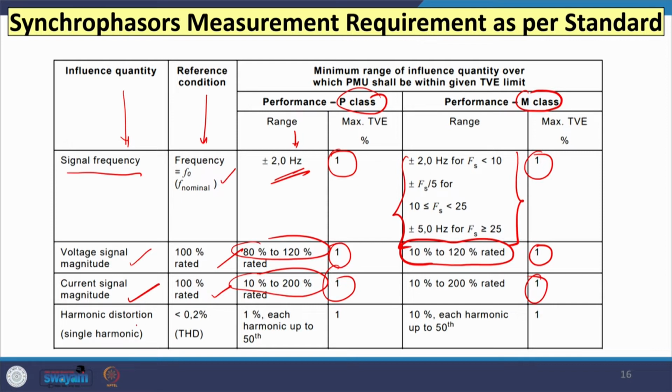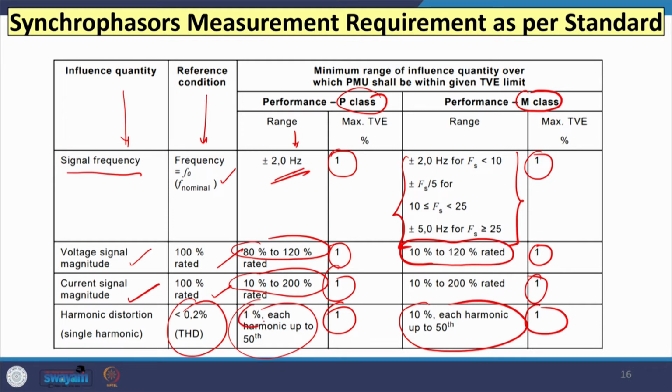If I consider harmonic distortion, then for P and M-class PMU with the same 1% TVE, you can see that the harmonic distortion allowed is totally different. Here 1% for each harmonic up to the 50th is the range for P-class PMU, whereas for the measurement-class PMU it is 10% for each harmonic up to the 50th harmonic.